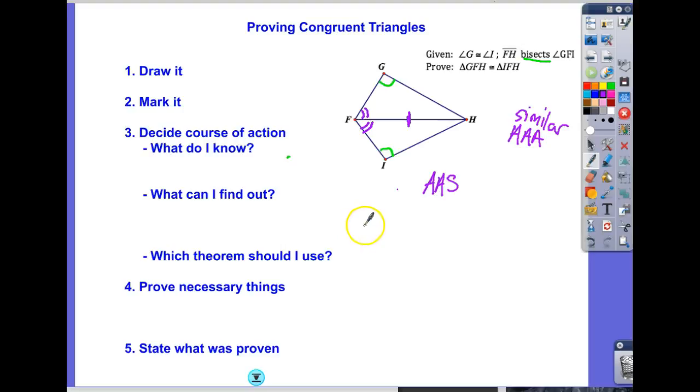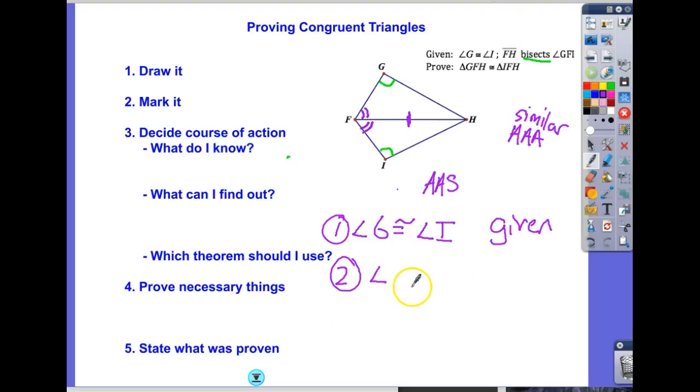So let's go through and say angle G congruent to angle I is given. And then I can say angle GFH is congruent to angle IFH.